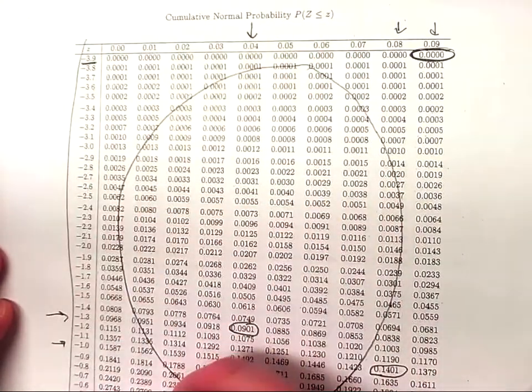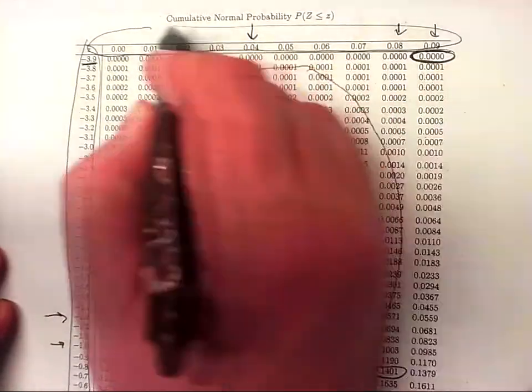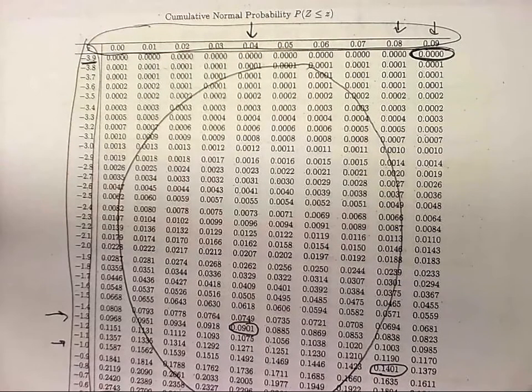Your z values are just this column and just this row. Whenever we looked up z values, we always just looked them up in that column and that row. I told you when we were first going over this table that a common mistake that always tends to bubble up is that people start thinking that these are z values. These are not z values, these are just percentages.